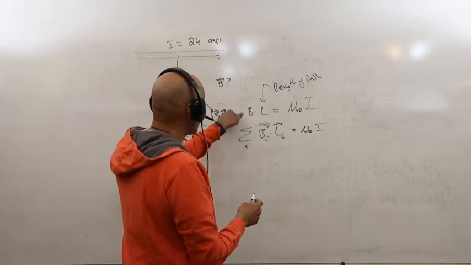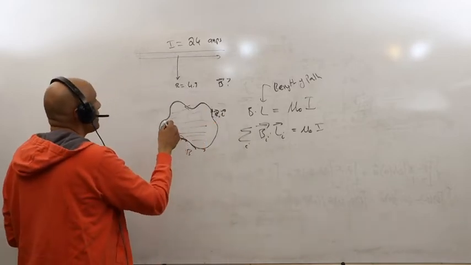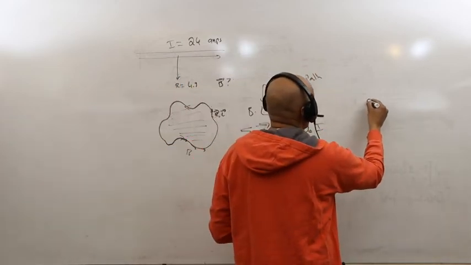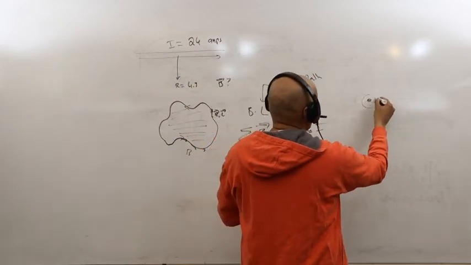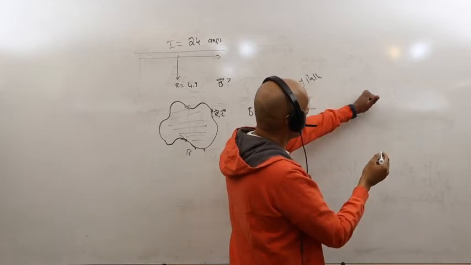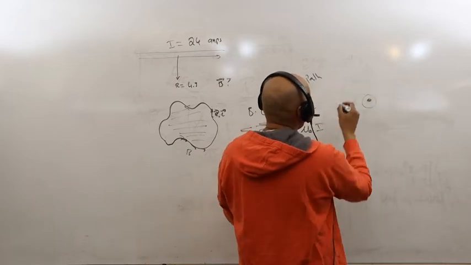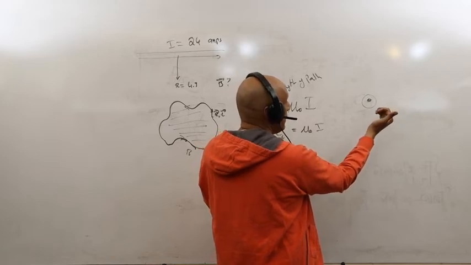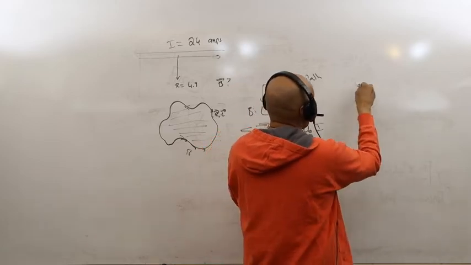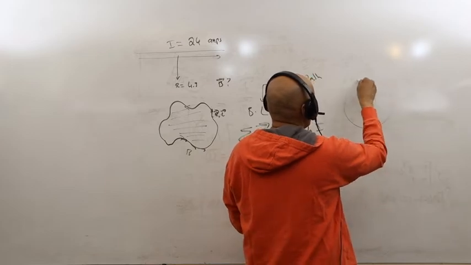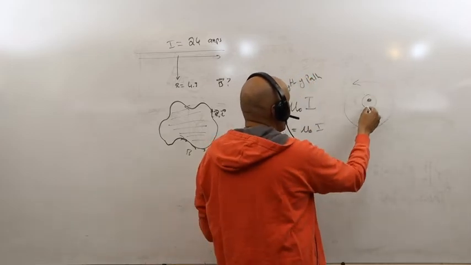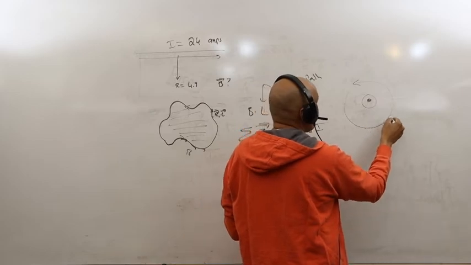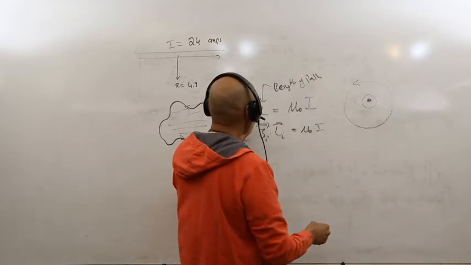We're actually going to be using the first one, because if I take a cross-sectional view of the current wire, here's our wire, with the current coming towards you. Using our right hand rule, you'll see that the magnetic field lines are going around like this. We expect that at every point around this wire, the magnetic field is going to be constant, so we can use our first law.